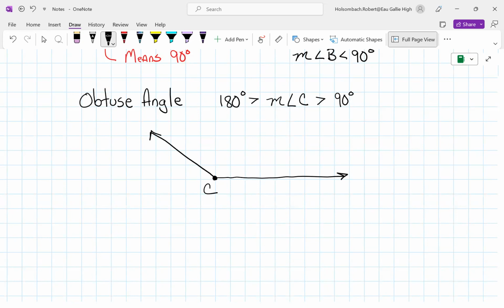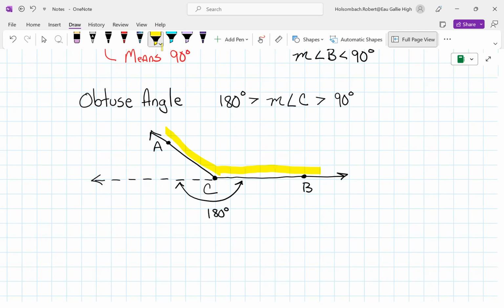All right, if we add this dashed ray in right here, a straight line has an angle measure of 180 degrees. So if we're talking about angle ACB right here, we're talking about this portion of the angle, the yellow region, the highlighted angle there.